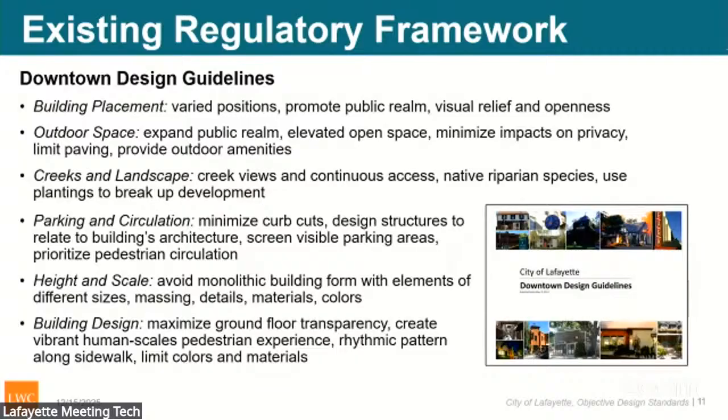We looked at the downtown design guidelines. So of course they're not objective, but they provide a lot of good guidance, right? They tell us what the community wants to see and what the community values.